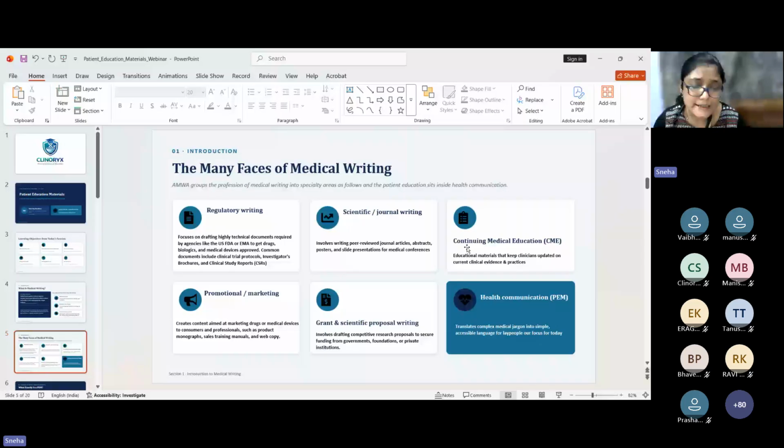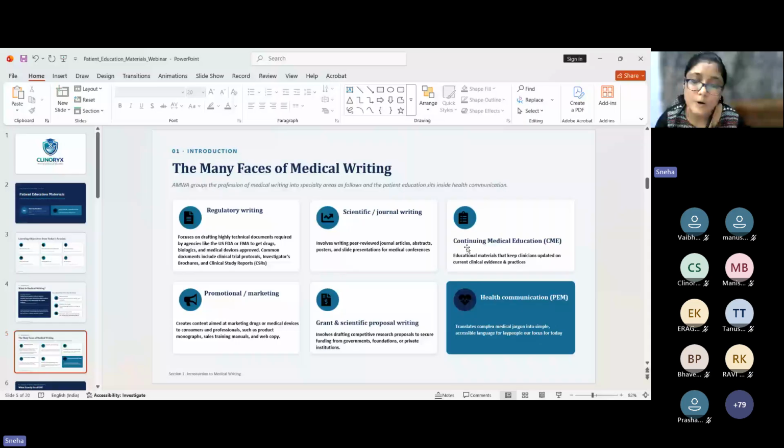Promotional or marketing writing creates content aimed at marketing drugs or medical devices to consumers and professionals, such as product monographs, sales training manuals, and web copy. Grant and scientific proposal writing involves drafting competitive research proposals to secure funding from governments, foundations, or private institutions.